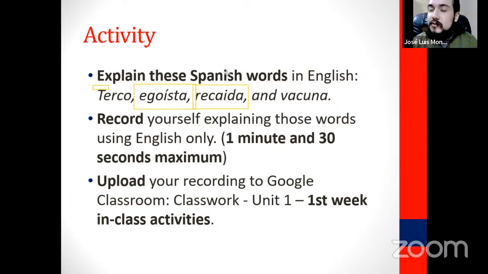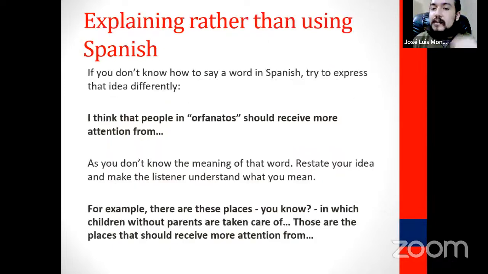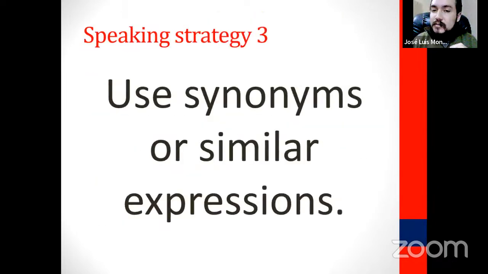Okay, that's what we're trying to do here. But again, this is a strategy. I mean, this is only for you to work little by little. First, paraphrasing, then explaining and not using Spanish. And then I have one more over here, but I want to know if you have any questions about this part and if you believe that this is useful.